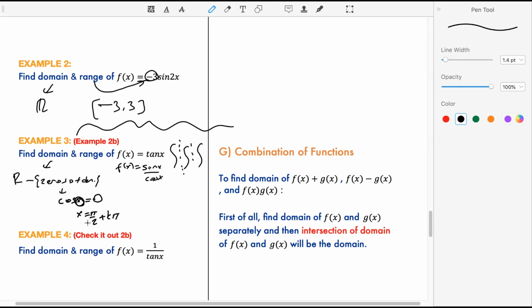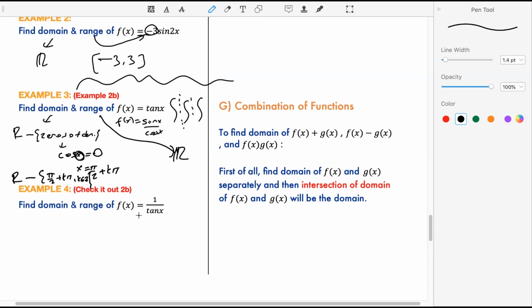Then we will exclude those values from the domain. So R minus pi over 2 plus k pi, k is an integer, will be the domain, and the range extends up and down infinitely. It's always all real numbers.